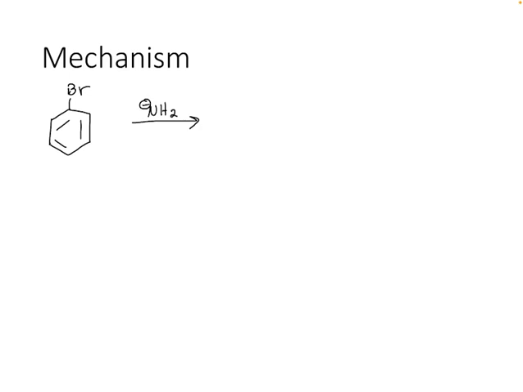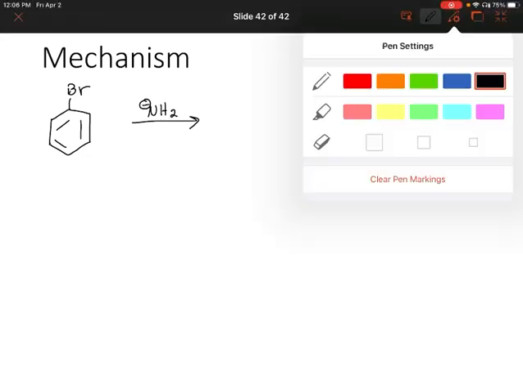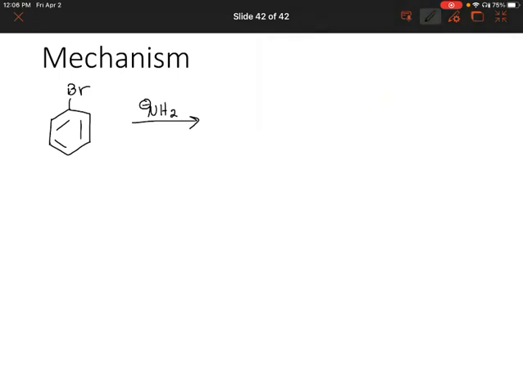So the NH2 is going to actually grab onto a proton. And it's going to grab onto a proton next to or on a neighboring carbon.